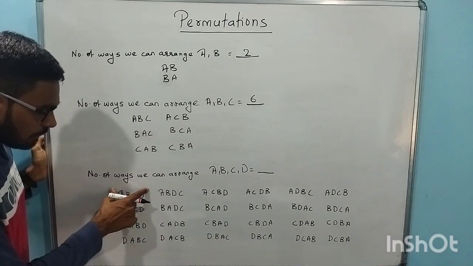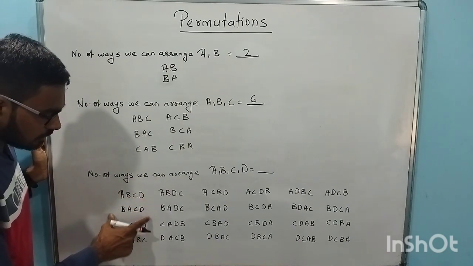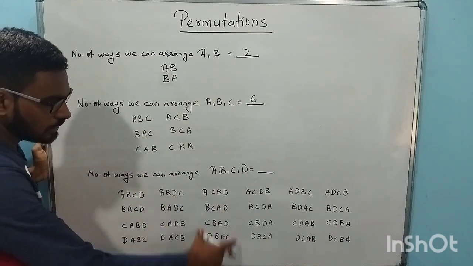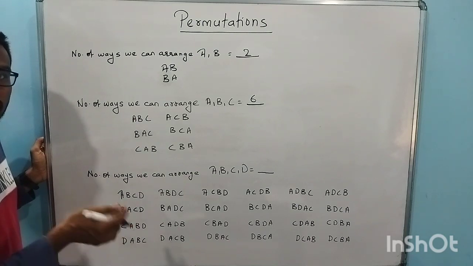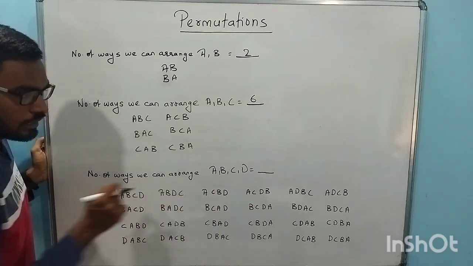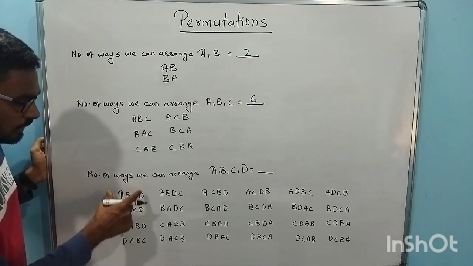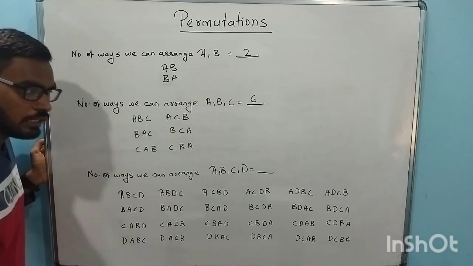Now if I increase one more letter, it starts becoming difficult. First you have to see all the different possible arrangements. You have to arrange in all the possible ways, and then second, check whether you repeated something, or whether you didn't write something, meaning you missed some arrangement.